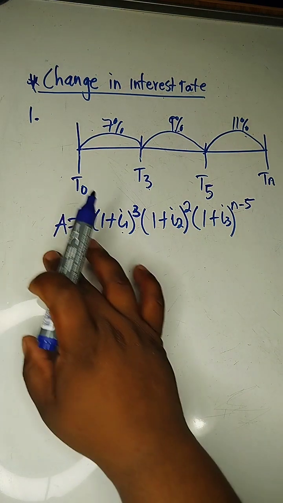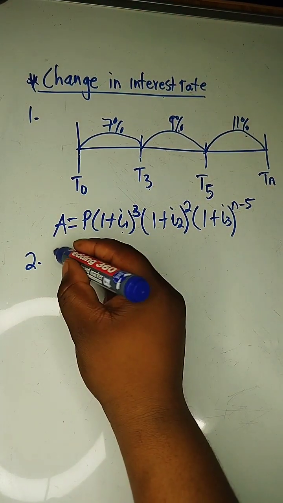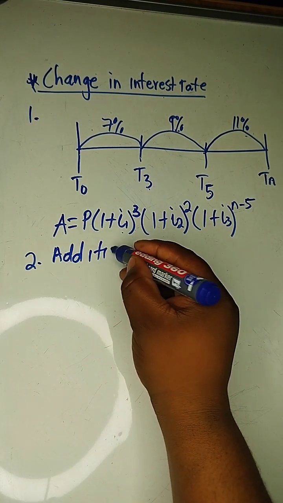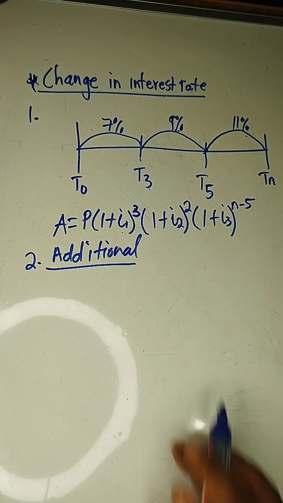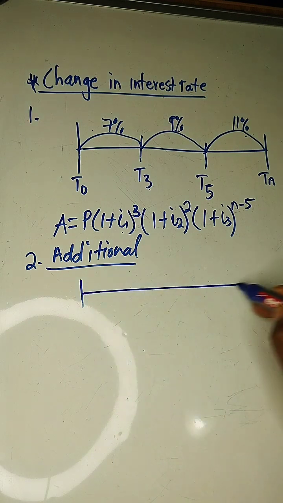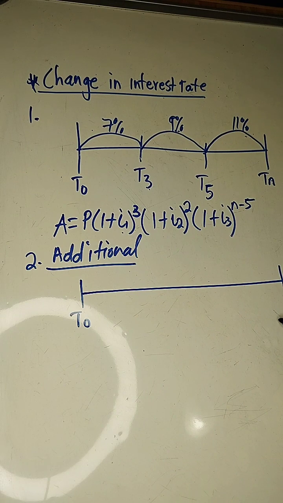But now you remember that in number 2, there is an additional also in this one. Whenever we deal with an additional on this one, let's say it changes twice, not 3 times. So it's T0, then we have Tn.